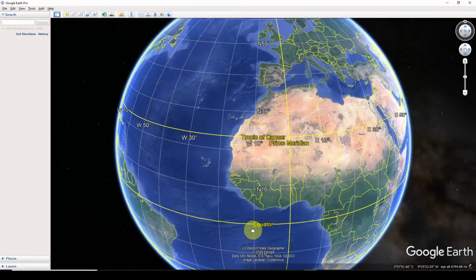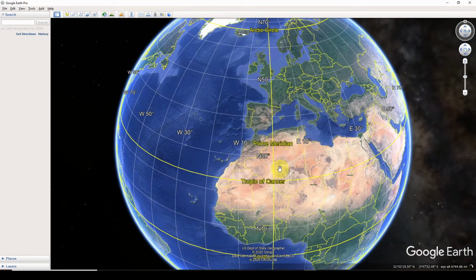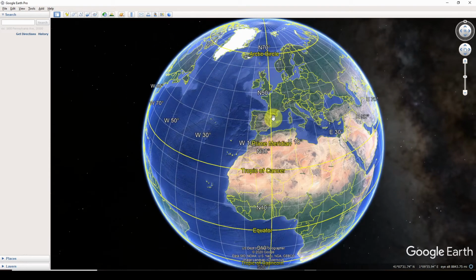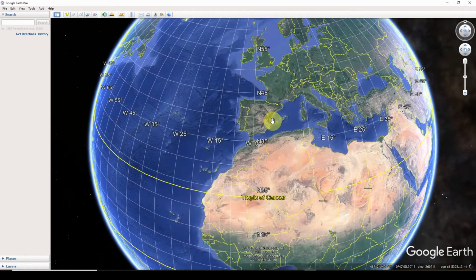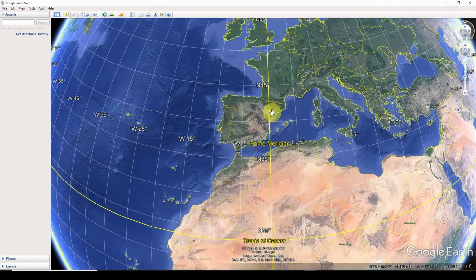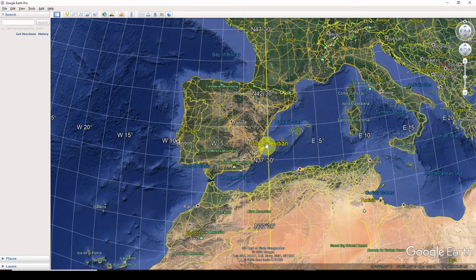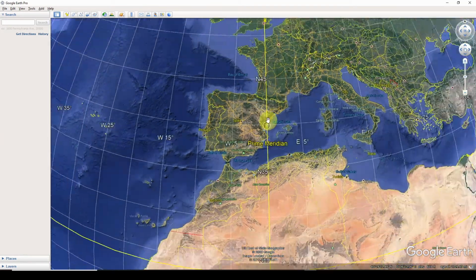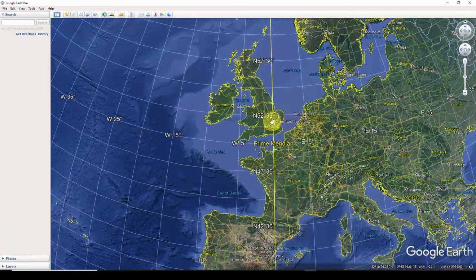You can look up the history, but basically it involves this longitude, a clock time at this location on the globe, relative to Greenwich, England.